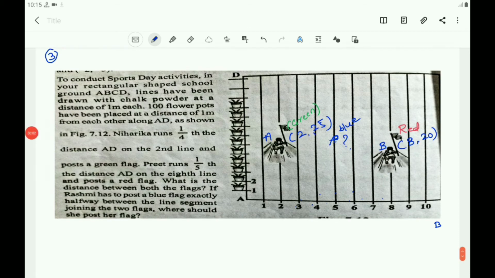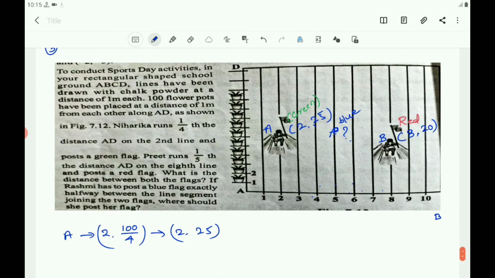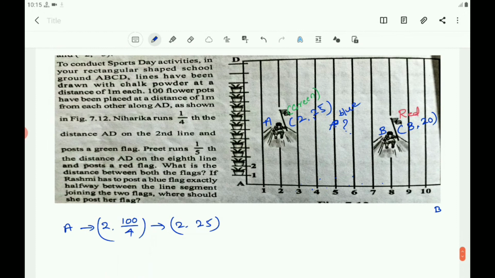Now here you take A as a point with coordinates: x coordinate is 2 and next one is 100 by 4, that is 25. The coordinates of the point, that is the first flag, green flag, are 2 and 25. So let us have that point as A and the coordinates are 2 and 25.